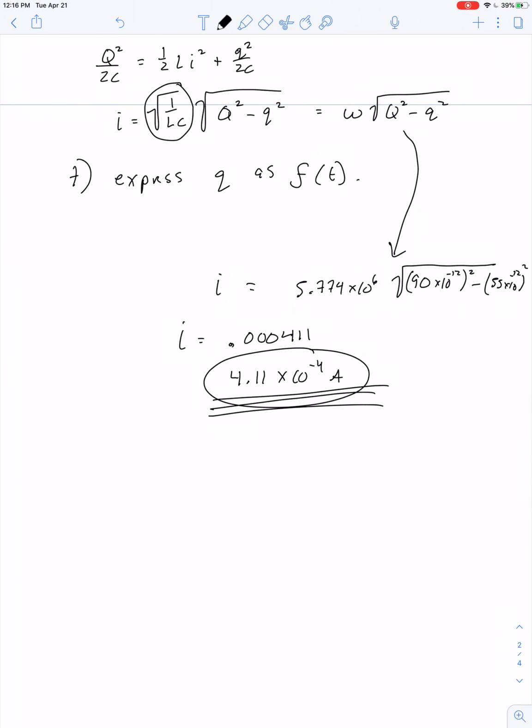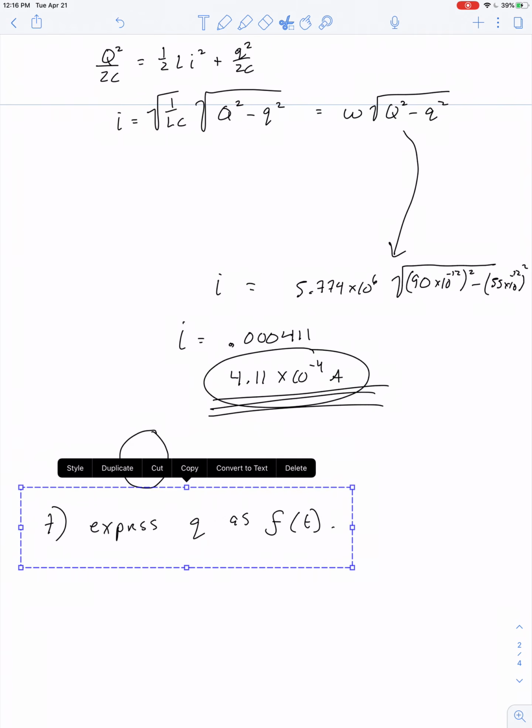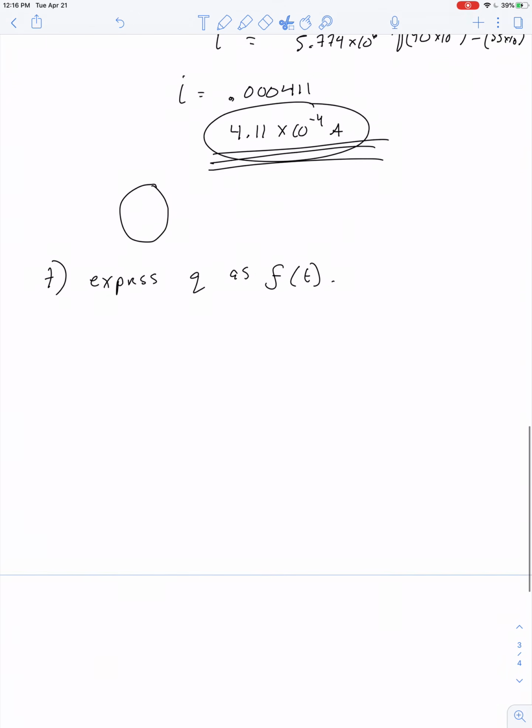Our last question, let's move this down here. Express the charge on the capacitor as some function of time. Well, as we know, in general, the charge on a capacitor should be equal to the maximum charge times cosine of omega t.